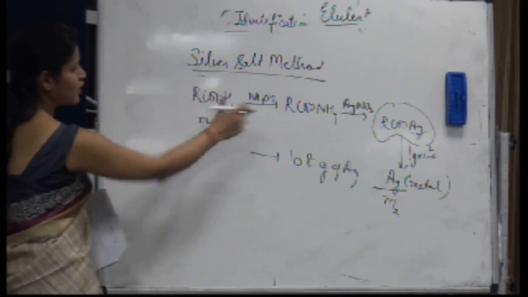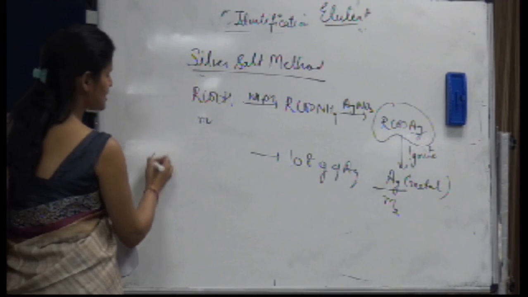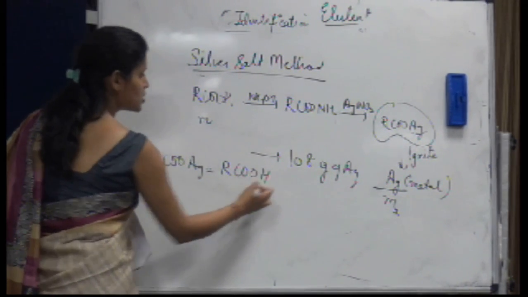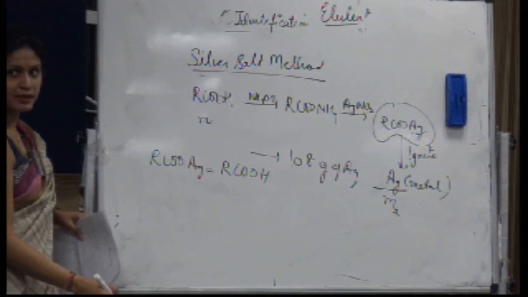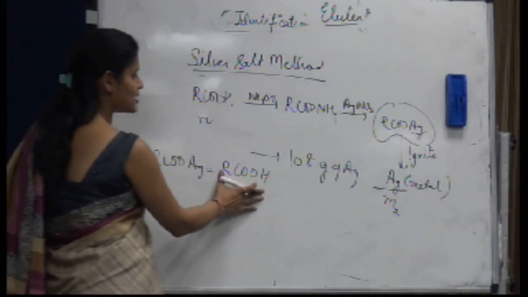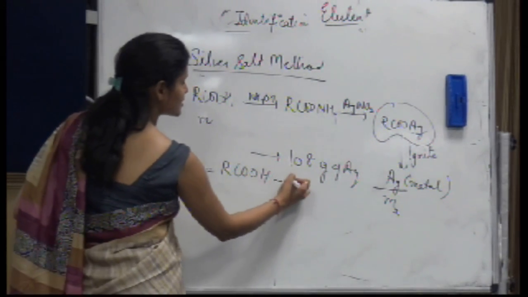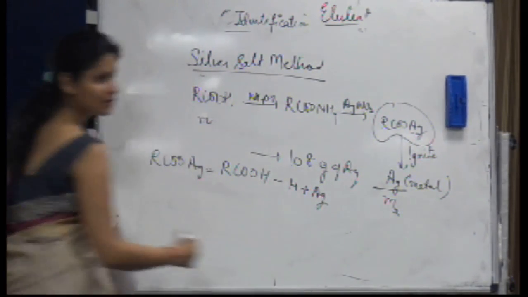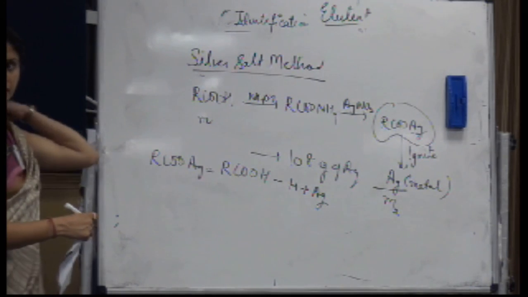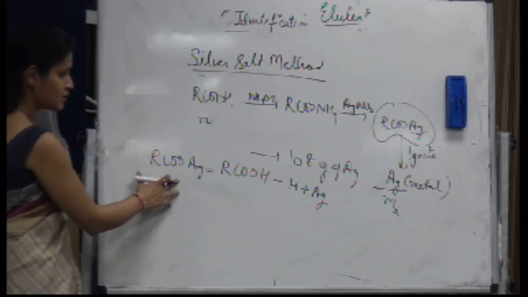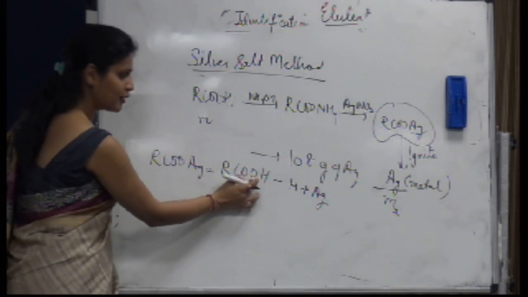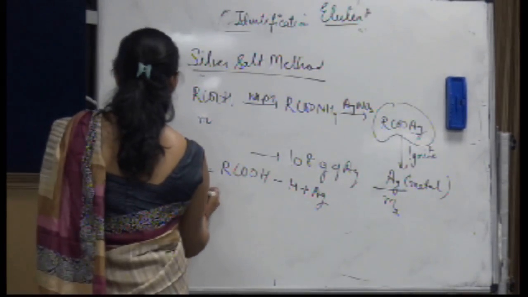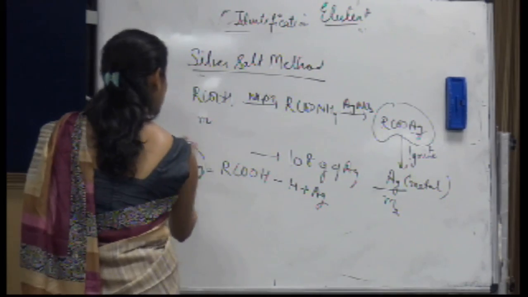What would be the molar mass of RCOOAg? It would be the molecular mass of RCOOH minus H plus Ag. You remove H and add Ag, only then it comes, okay?